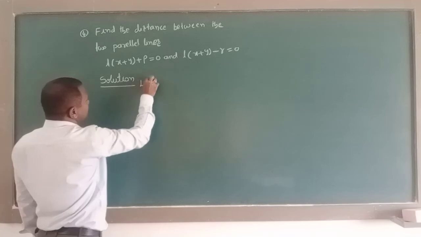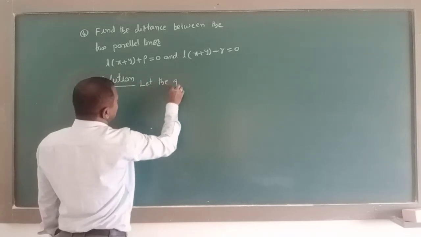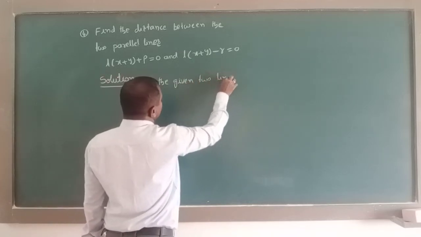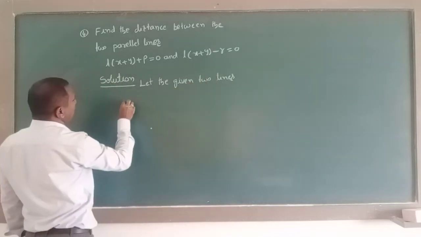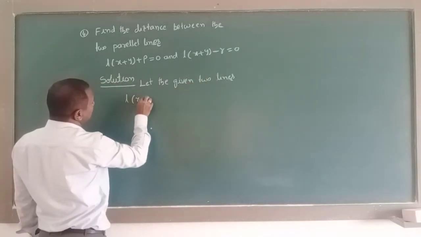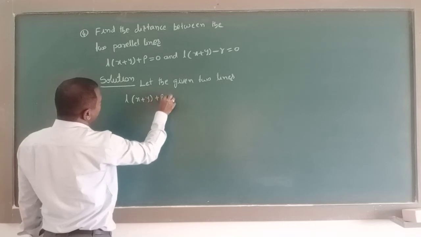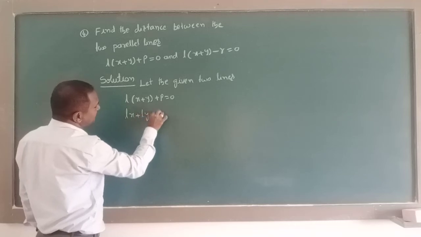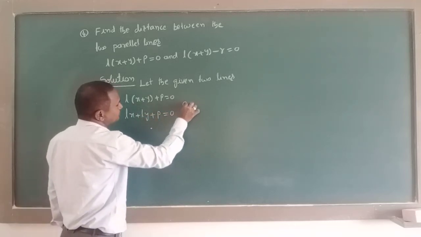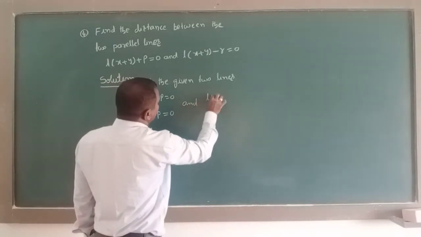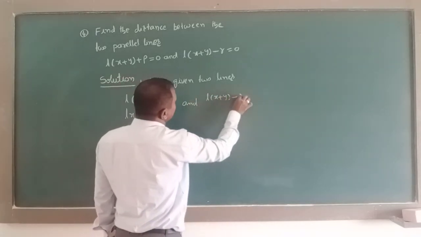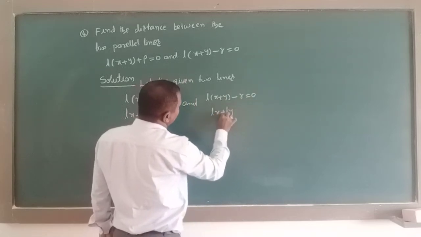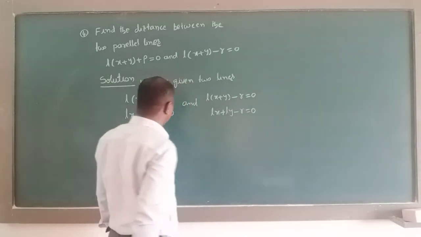Let the given two lines be Lx plus y plus p is equal to 0. That is, we can take Lx plus Ly plus p is equal to 0, and Lx plus y minus r is equal to 0, that is Lx plus Ly minus r is equal to 0 here.